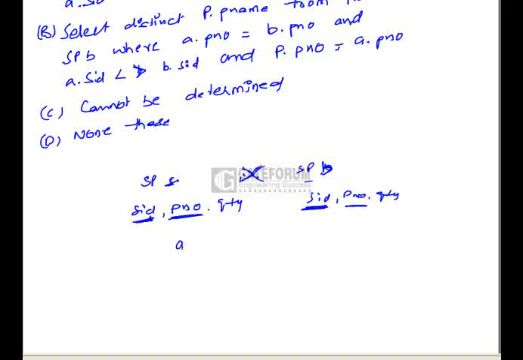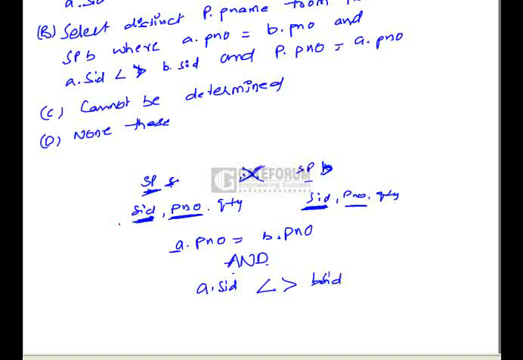So here SP table is renamed as A, and here it is renamed as B. So A dot P number must be equal to B dot P number, and this SID and this SID should be different. Why? Because the part should have more than one supplier. That supplier should not be same. So here A dot SID is not equal to B dot SID.